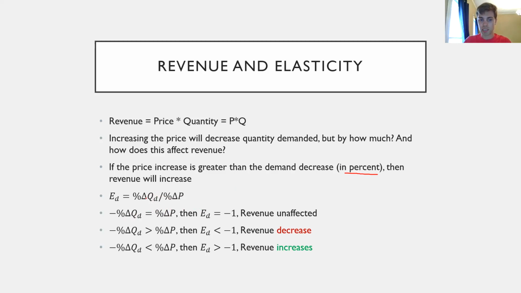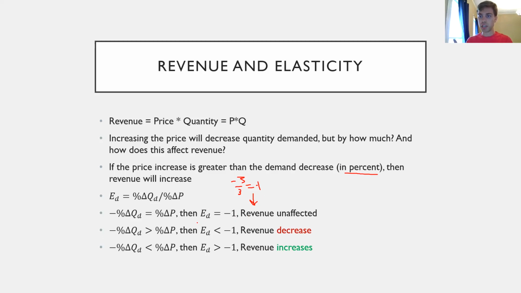You can see that because the percent change in quantity demanded, which will be negative, is equal to percent change in price, so say we have -3/3, that will just give us -1. That's going to leave our revenue unaffected because the change in quantity demanded is equal to the magnitude of the change in price.